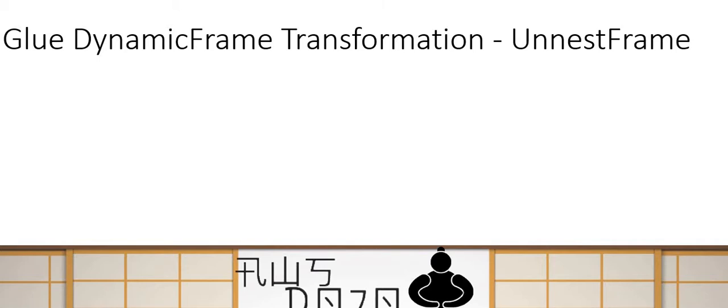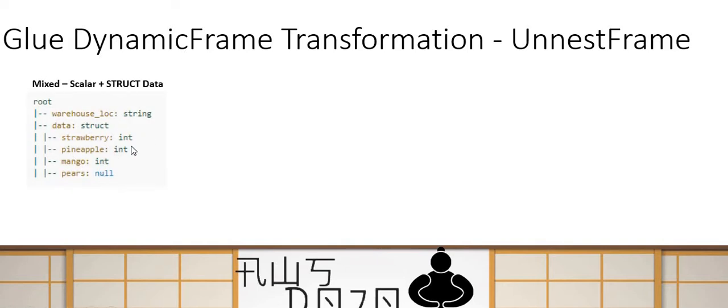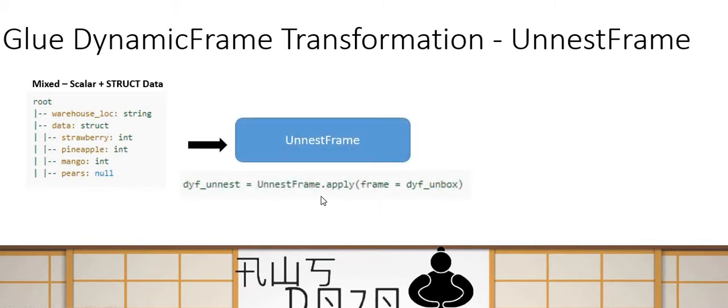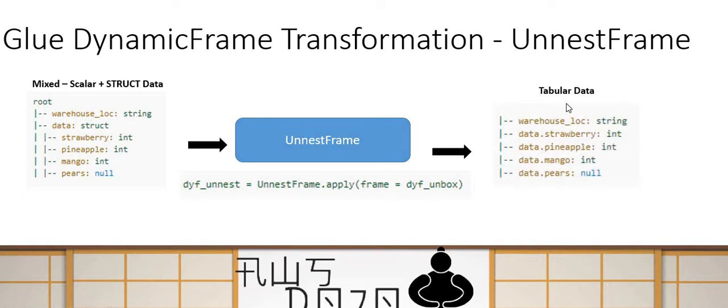And then we apply a second level of transformation, which is Unnest Frame. In the case of Unnest Frame, you take data which is again mixed, scalar and struct data. When you perform the unnest transformation, like we are saying Unnest Frame.apply, on the unboxed frame which I want to convert into an unnested frame, it gets converted into a proper tabular format, which is very easy to process and make use of.